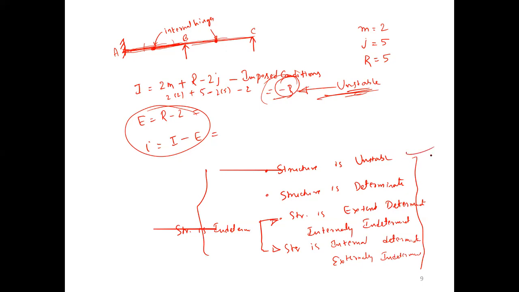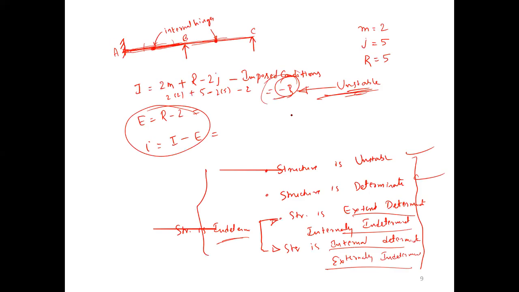Structure is unstable or determinate. In indeterminate, you may get externally determinate and internally indeterminate, internally determinate and externally indeterminate, or both indeterminate. These are the general questions asked in case of beams. Next we move on to trusses.